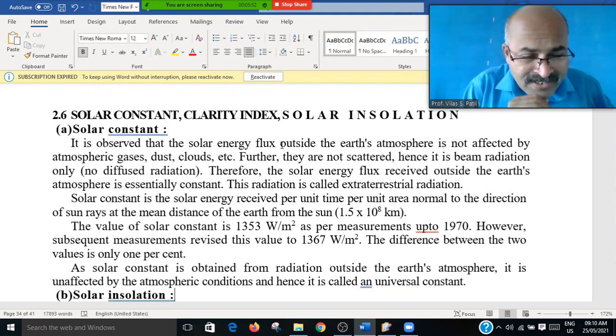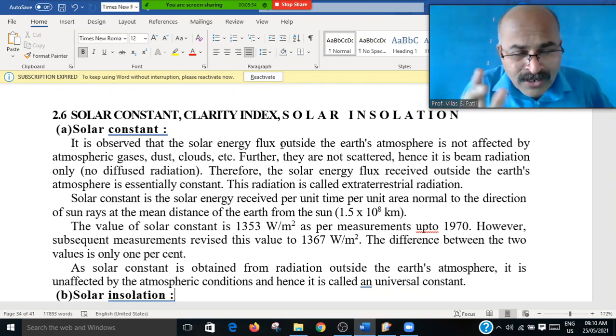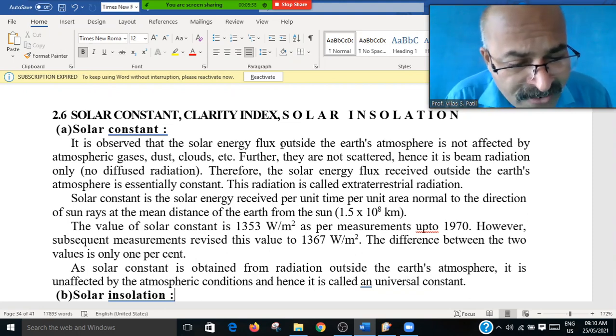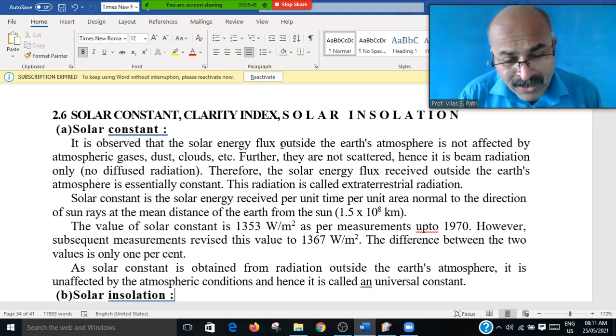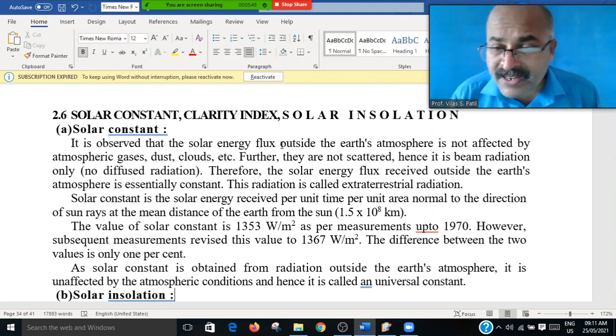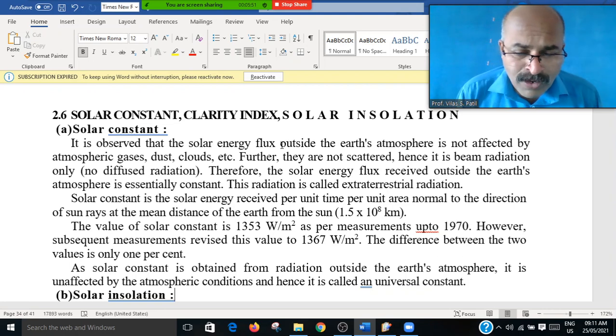What is the definition of the solar constant? Solar constant is the solar energy received per unit time, per unit area, normal to the direction of the sun rays, at the mean distance of the earth from the sun, 1.5 into 10 raised to 8 kilometer.